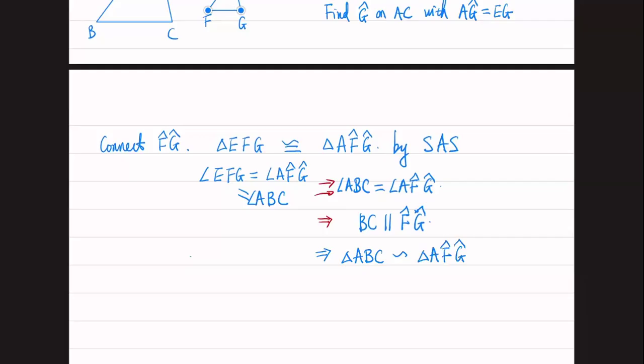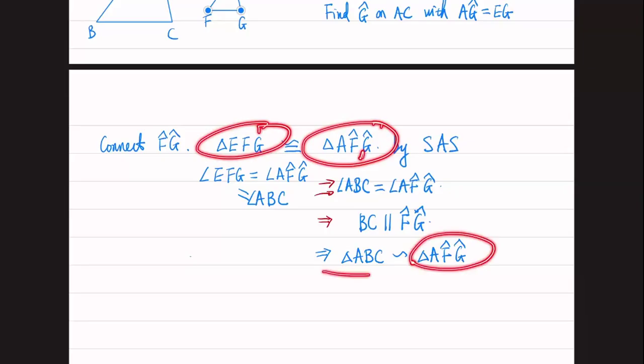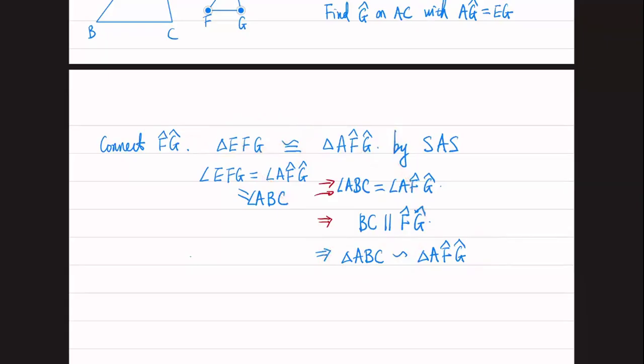Now what we have checked, this triangle is congruent to EFG, but it's also similar to ABC. If we combine the two, we see these two triangles are also similar. So we have this condition and this condition.